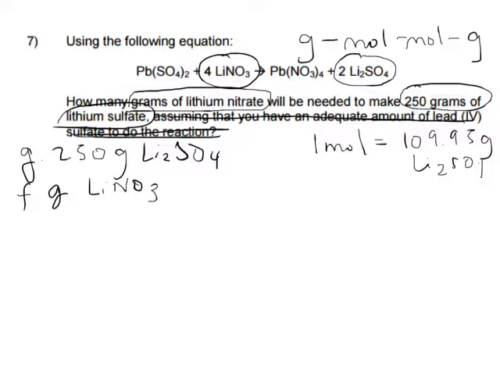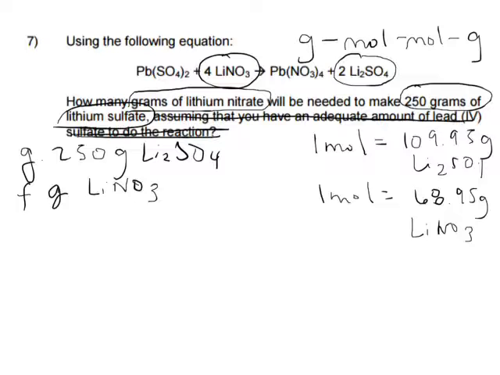Okay, great. And then we also need the molar mass of lithium nitrate: 16 times 3 plus 14.01 plus 6.94, 68.95 grams of lithium nitrate. I'm just going to check that one more time.